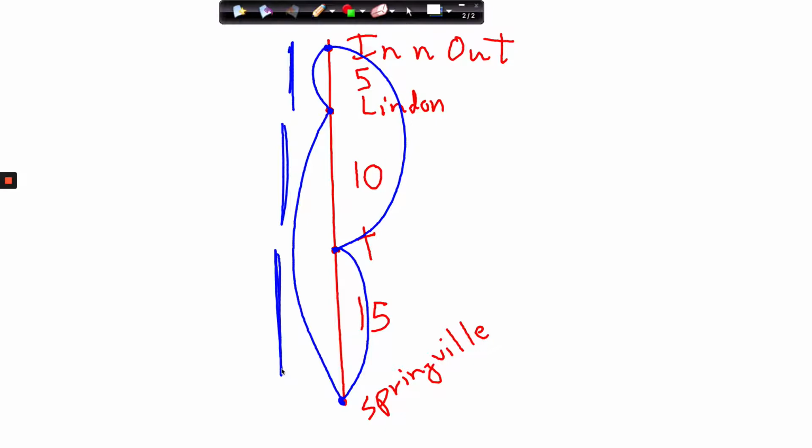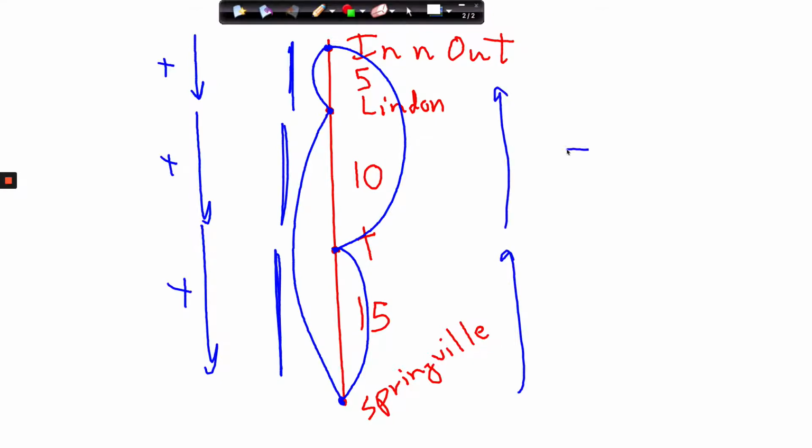But now we need to talk about direction. Guys, when we talk about direction in chemical reactions, what do we talk about? Endo and exothermic, right? But guys, when we talk about driving, in this case, we can say north and south. So now all of a sudden, let's say if you're traveling south, that's a positive change. And if you're traveling north, that's a negative change.